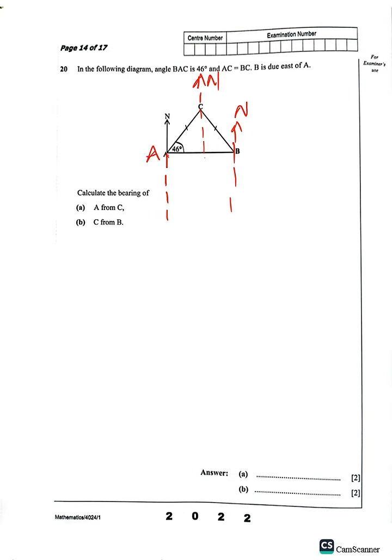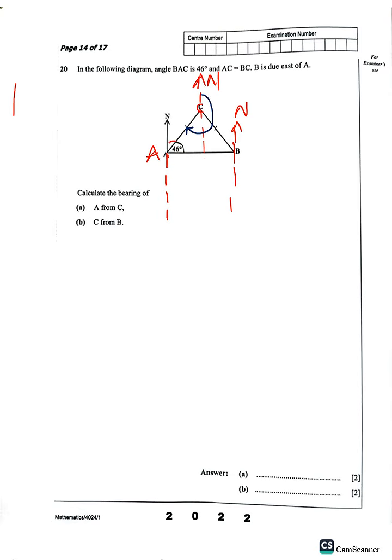This is A. Then here, this is our C. So we are moving from C to A. So the line C is this one, then moving in this direction. So that is the angle that we are solving for. So what angle is this one? Okay, so how can we find this angle? First let's begin by finding this angle.